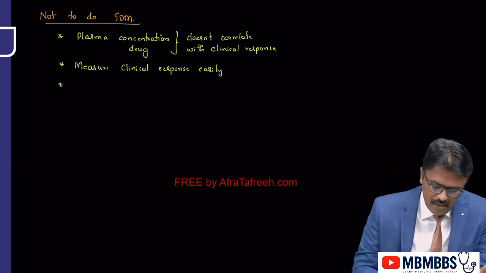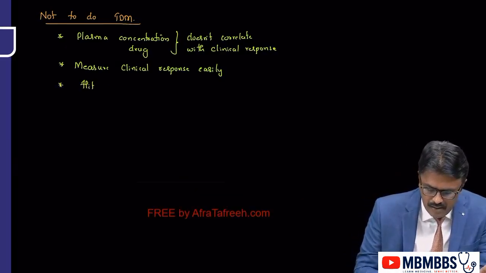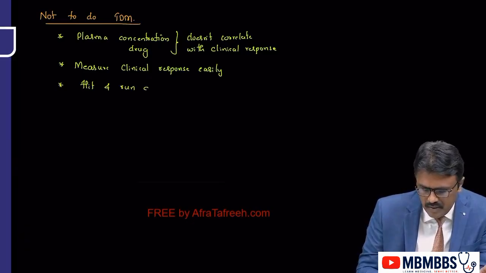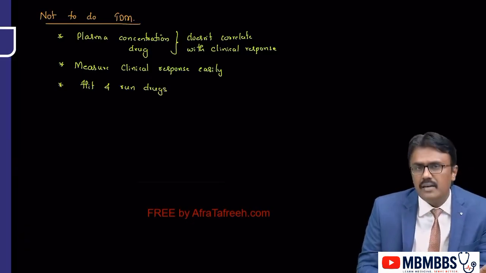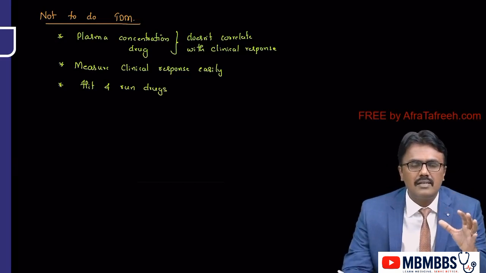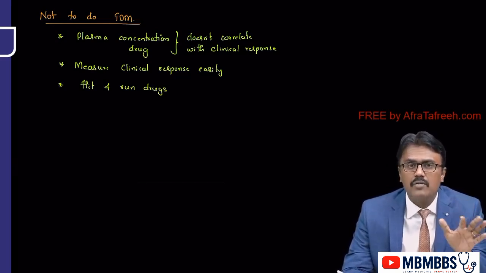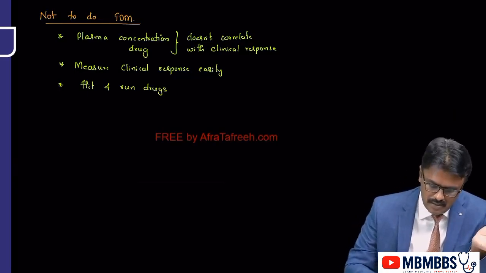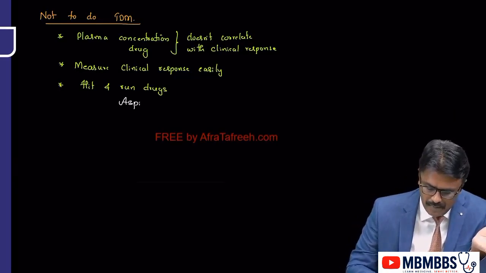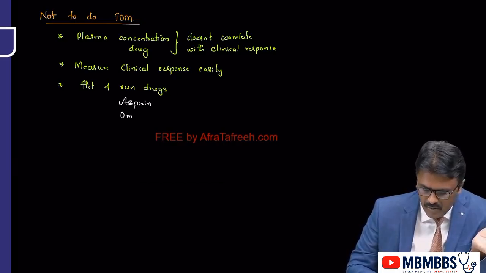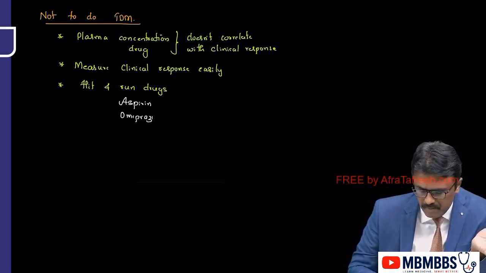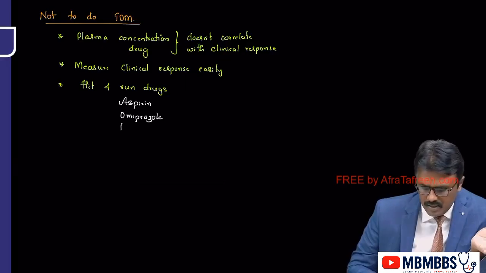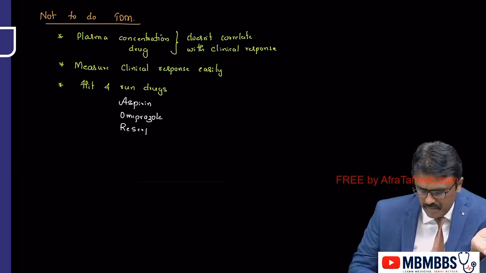Number 3, if the drugs are hit and run drugs. Now what do you mean by hit and run drugs? These drugs remain in the body for very few hours, but their action lasts for a very long period. Examples of hit and run drugs are aspirin, omeprazole, that is PPIs, then reserpine, MAO inhibitors.